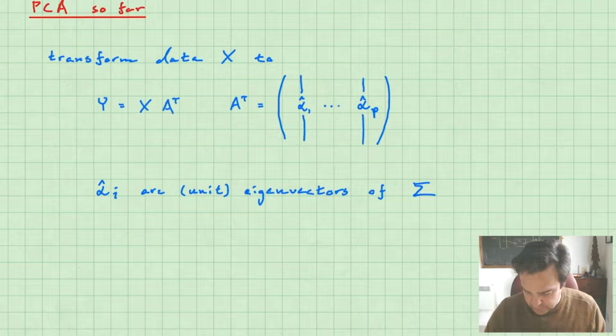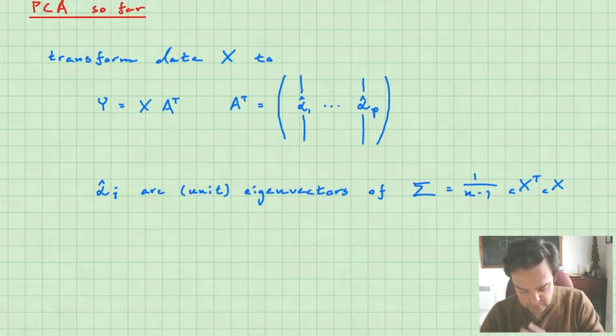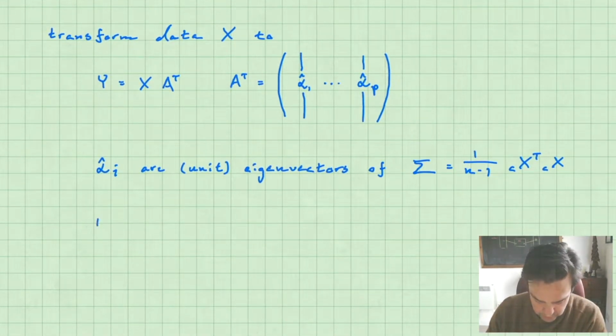of the covariance matrix for X, which we call sigma, and that's 1 over n minus 1, and then centered X transpose times centered X. Yeah. And the elements of that thing are the following. So the elements of the transformed matrix. So Y_jk is equal to this dot product.